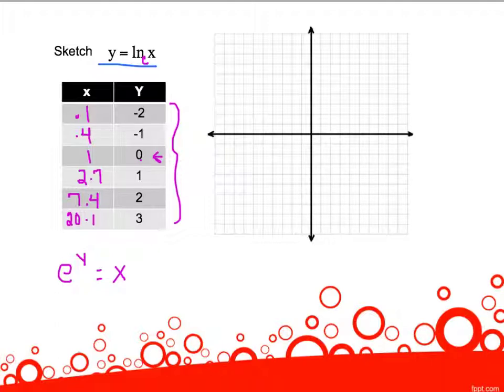So using those points to sketch, we will go ahead and count this off. Since we've got a little more room, we only need to go from 0 to 20. We'll count these off by 2's. So we'll call this 10 and this 20. So 0.1 would be right up against the y-axis, negative 2. 0.4, negative 1. 1, 0.